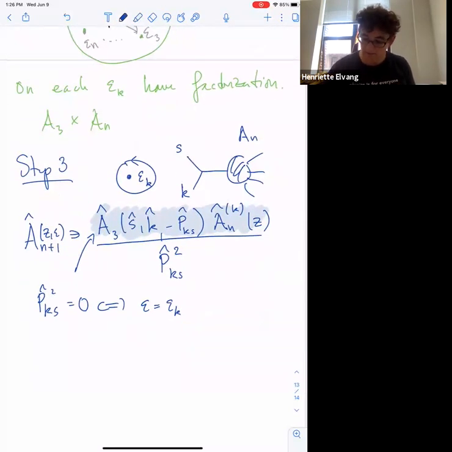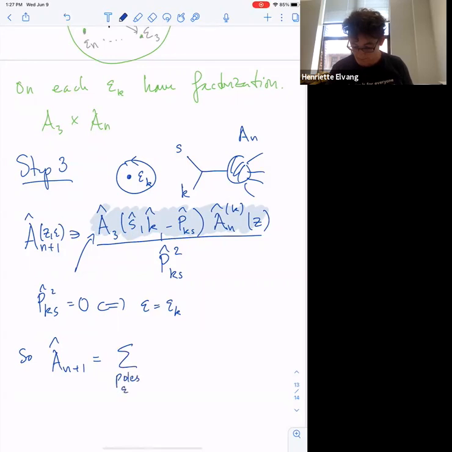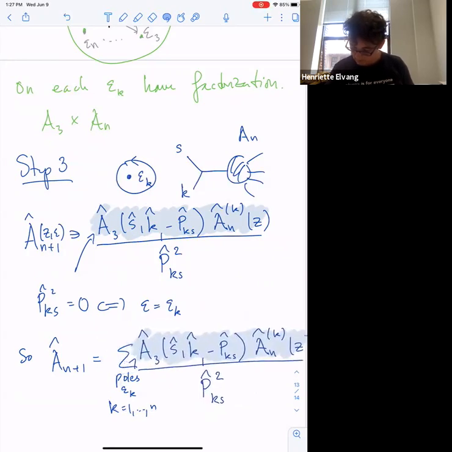And the power of this is that there are no other diagrams that can contribute to the amplitude. So A n+1 will be a sum over these poles, epsilon k, with k equals 1 through n, of this type of expression. Let me steal it from up here. Like that.